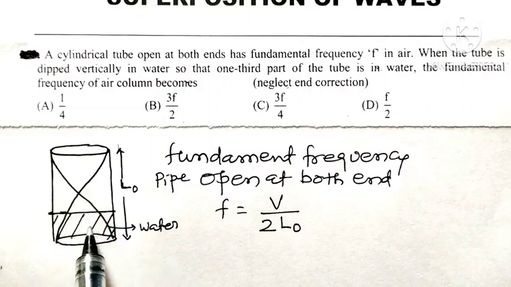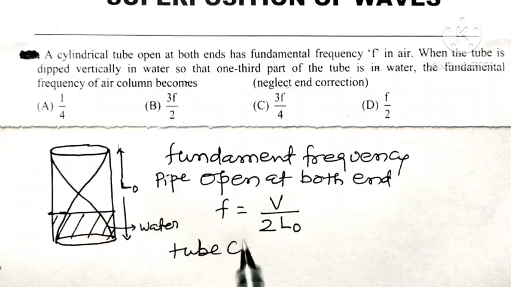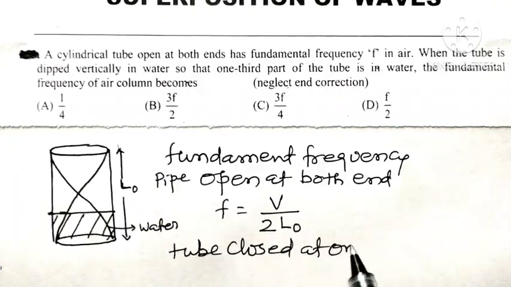So when the tube is dipped vertically in water, we now have a tube closed at one end and open at the other end.